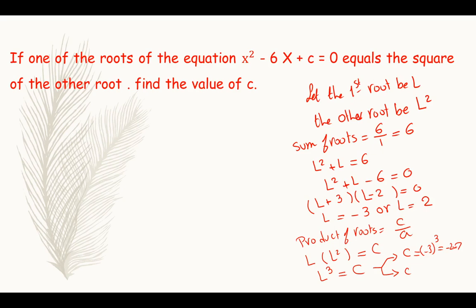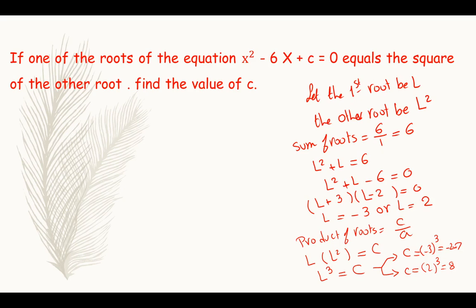And if the value of L equals 2, C will be equal to 2 power of 3, which is equal to 8. Okay, so the value of C will be either negative 27 or 8.